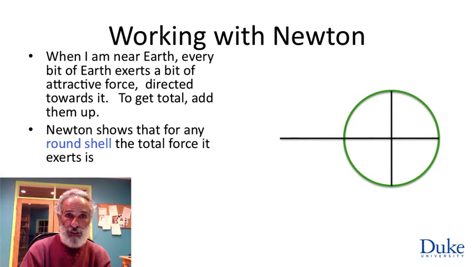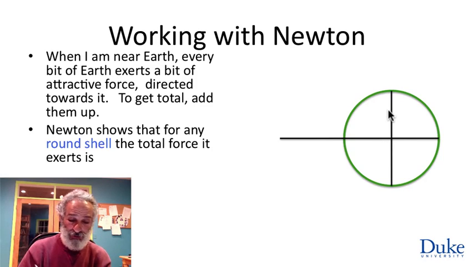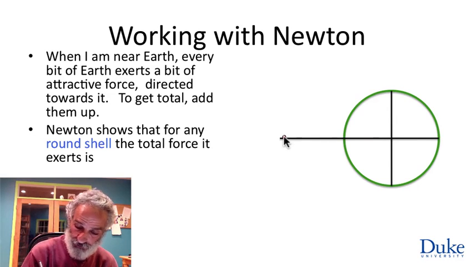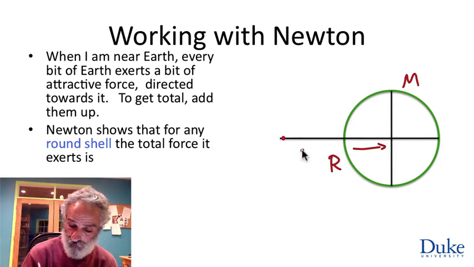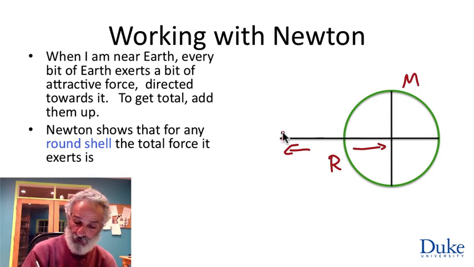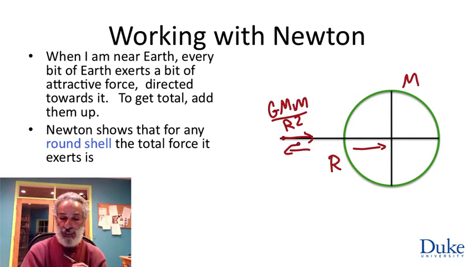But what he showed, and we're not going to repeat that calculation for that reason, is that if you just take a round, spherically symmetric shell of mass, so imagine just the crust of the Earth with an empty inside, then the total force it exerts on someone standing over here at some arbitrary point outside, well, if the mass of the shell is m, and my distance from the center of the shell is r, then the force that the shell exerts on a person over here is GM over r squared, and it's directed towards the center of the shell, as it had to be by symmetry.